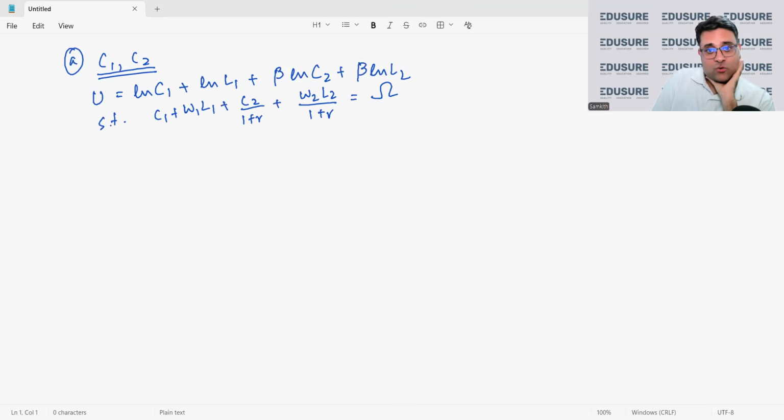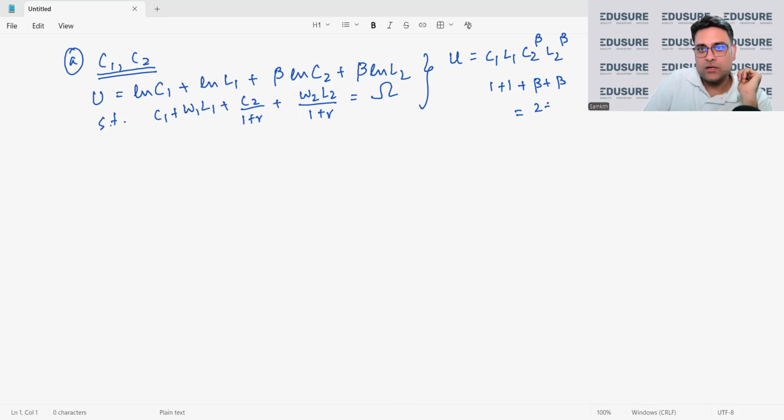Now, please notice that this is a standard Cobb-Douglas. If you take a look at the utility by monotonic transformation, I'll get C1, L1, C2 to the power beta, L2 to the power beta. Now, if I add the powers, it's basically 2 plus 2 beta. Okay. Standard Cobb-Douglas.